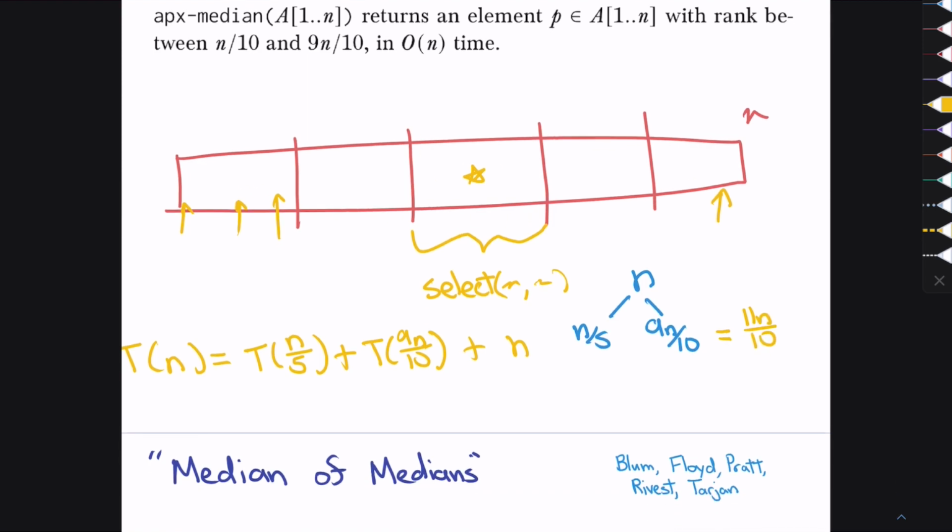If you went down another level, you'll get n times 1 over 5 times 9 over 10, and n times 1 over 5 squared, and stuff like that. If you add all this up, you'll get again 11 over 10 squared times n. So it'll actually be going up. You'll get a geometrically increasing sequence, which is bad news. So this will actually come out slower, but it's not a bad idea.